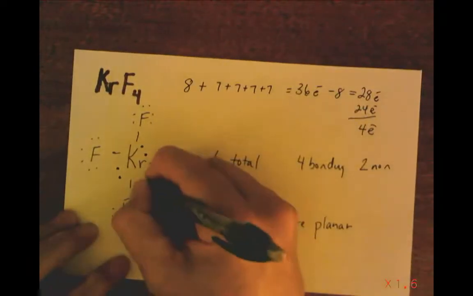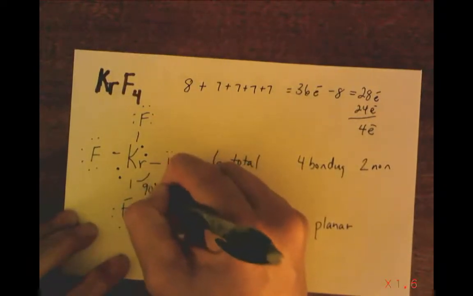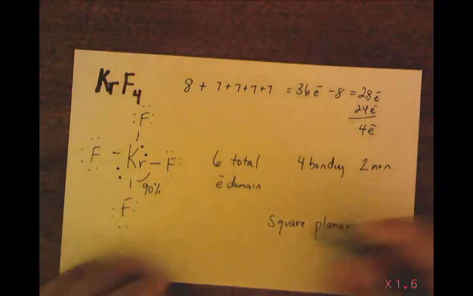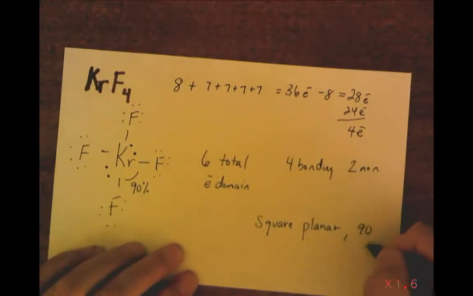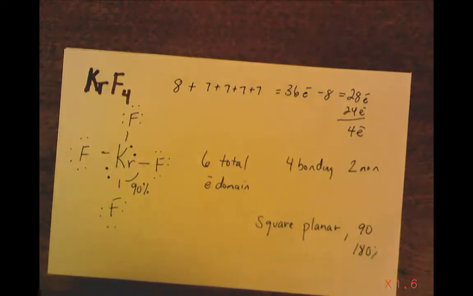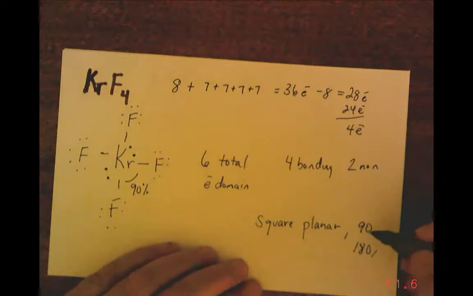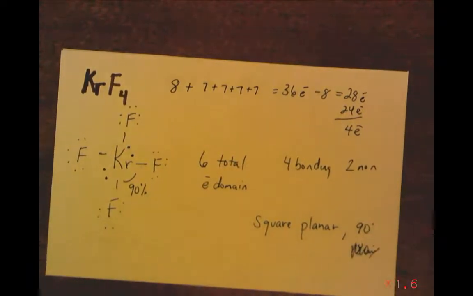Okay, what are we going to have? We're going to have 90 degrees between the bonding pairs and 180 between the non-bonding pairs. So I think we just would discuss the 90, not the 180.